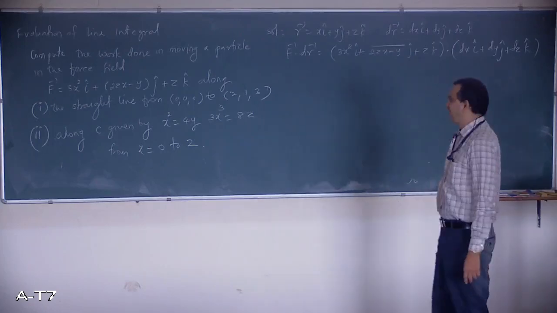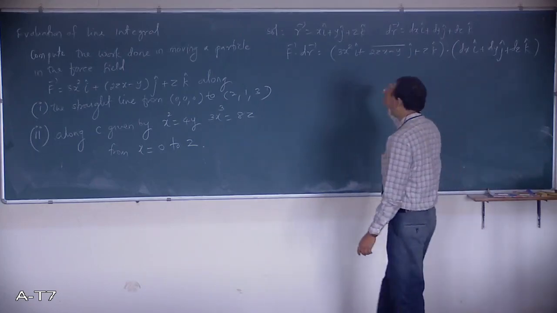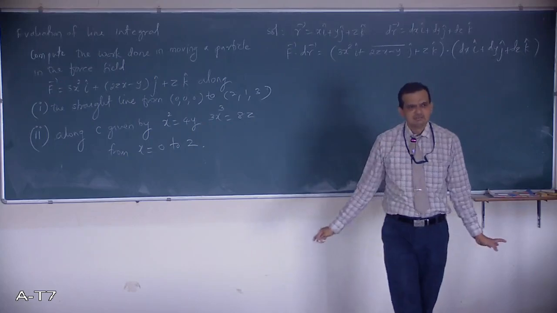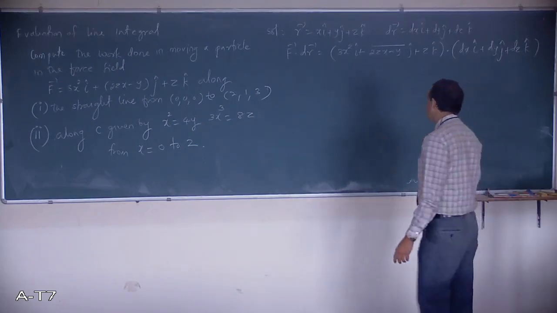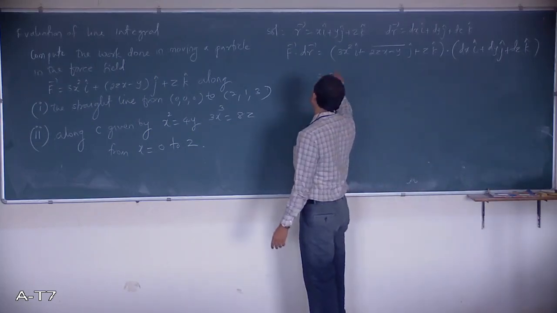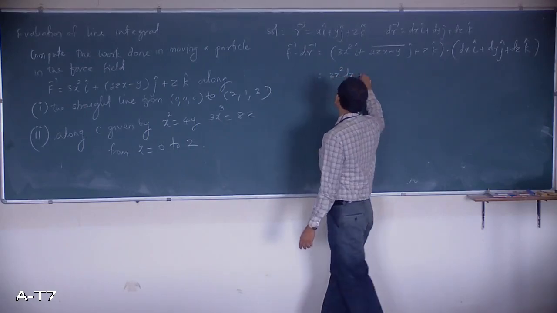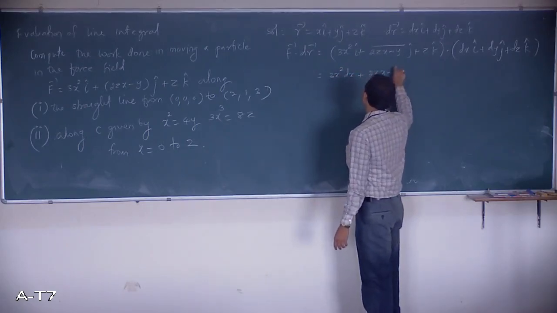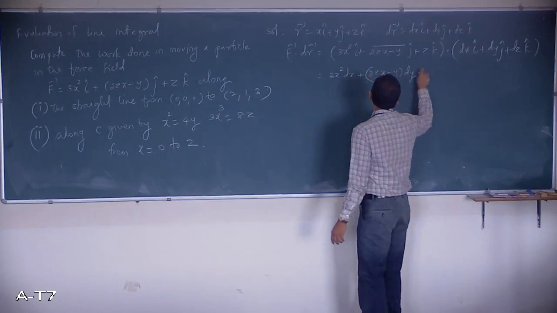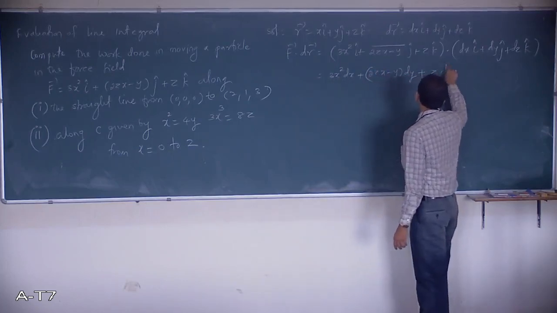Although you can directly write, in fact, you can avoid all this, but let it be. On the safer side, writing in detail is always better. So, no chance of any mistake. You simply get 3x square dx plus (2zx minus y) dy plus z dz.